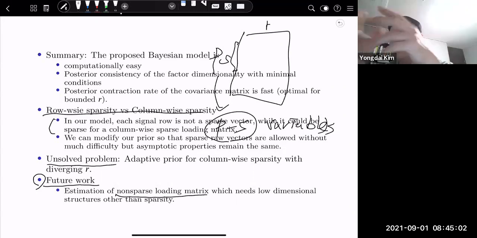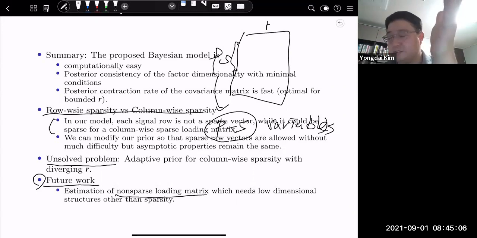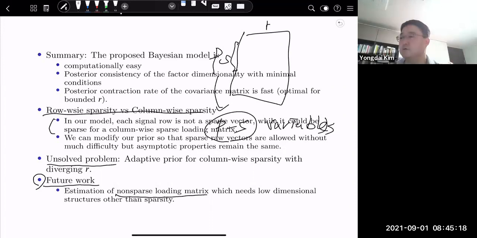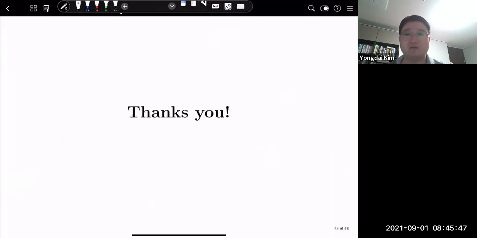For high-dimensional models, there are too many parameters. In this talk, I used sparsity to reduce the number of parameters. But to estimate a non-sparse loading matrix, we need low-dimensional structures other than sparsity. We are developing a new way of reducing the number of parameters, and we will present it somewhere else soon. I think that is all for my talk, and thank you very much.